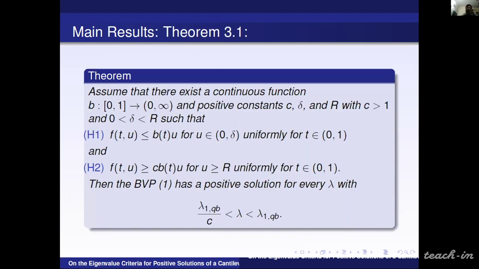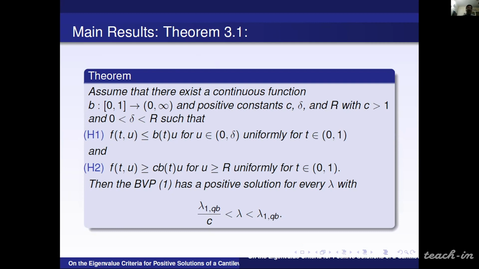What happened here in our first equation? If you see our nonlinear problem 1.1, we have not used any function B. Now we are using that function B. Assume that there exists a continuous function B going from [0, 1] to [0, infinity), and some constants C, delta and R with C greater than 1, and delta less than R. I'm not defining small r yet, just to apply theorems 2.1 and 2.2, or the theorem due to Gatica and Smith.